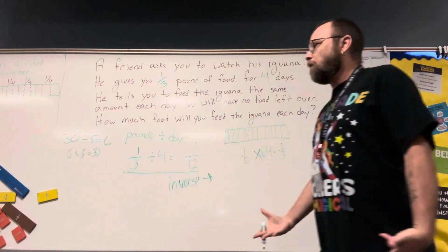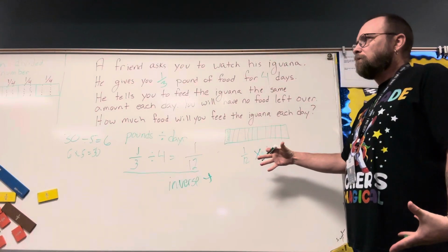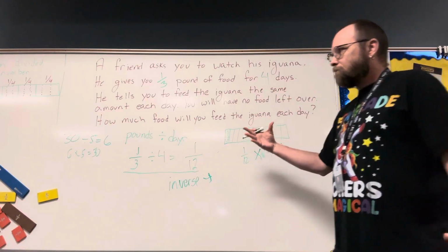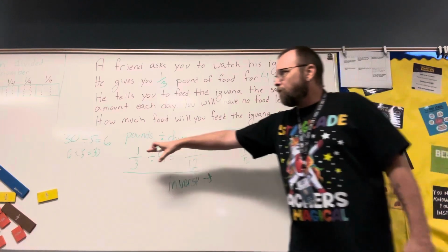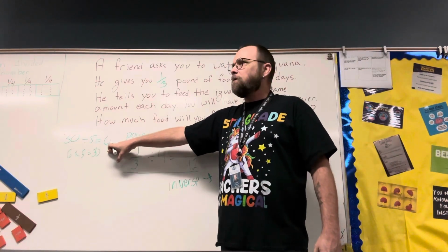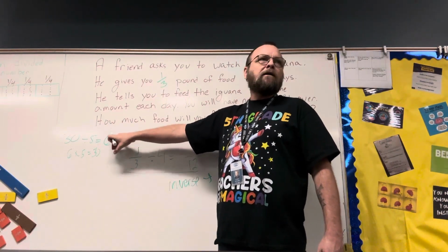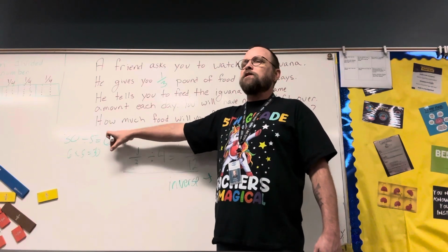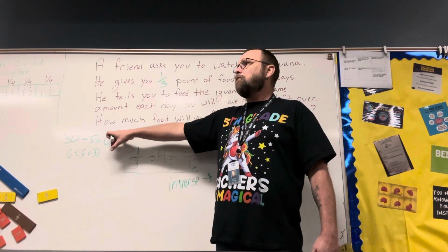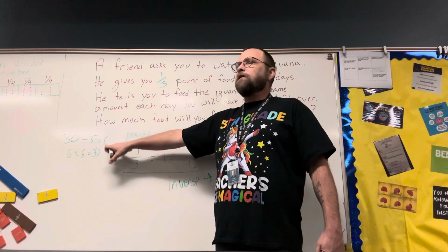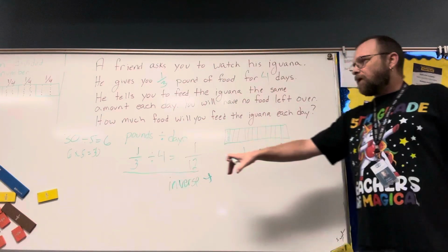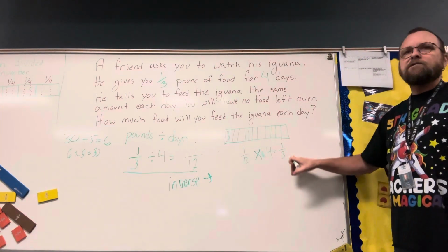That's the inverse operation. And every one of you can do this. If I said, here's an equation, tell me the inverse equation, you would be able to do this with no problem. It doesn't get any more difficult just because there's fractions in it.